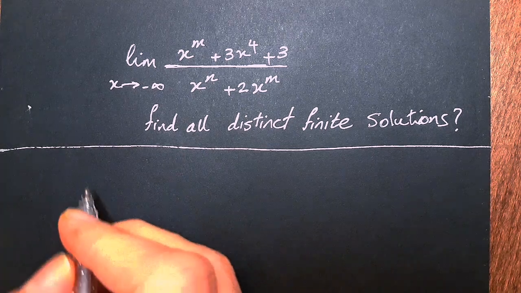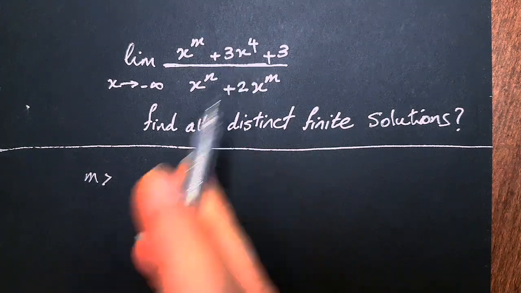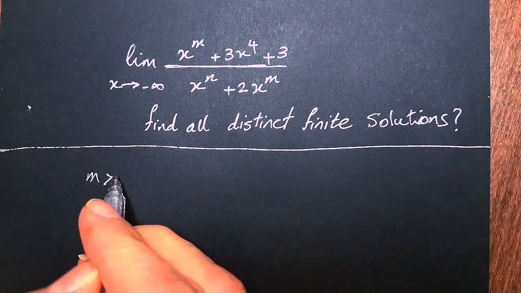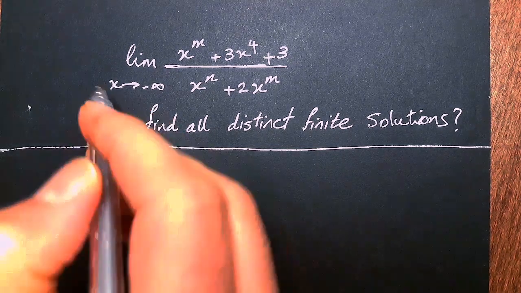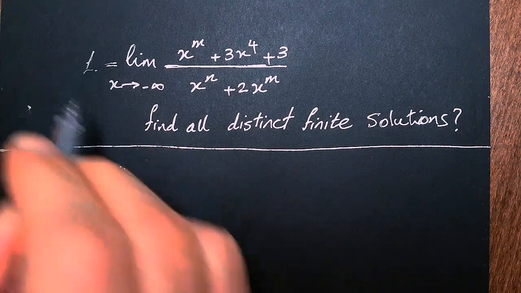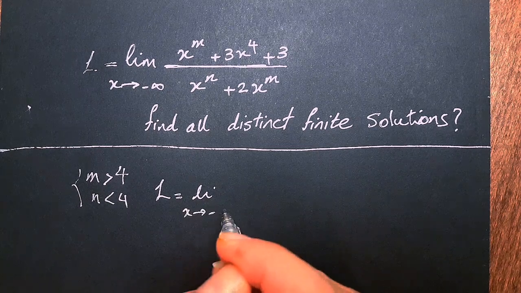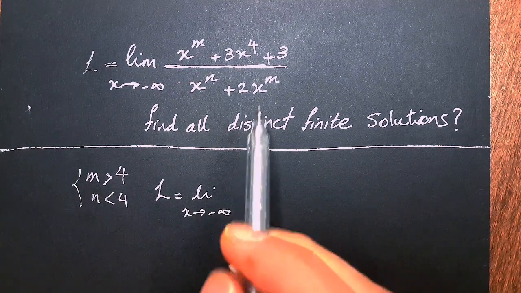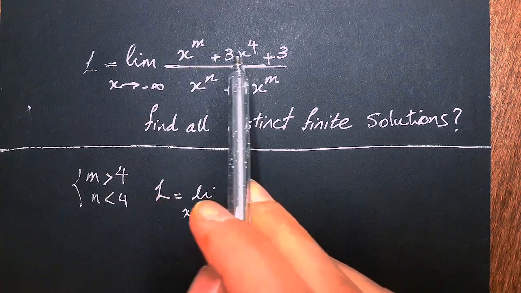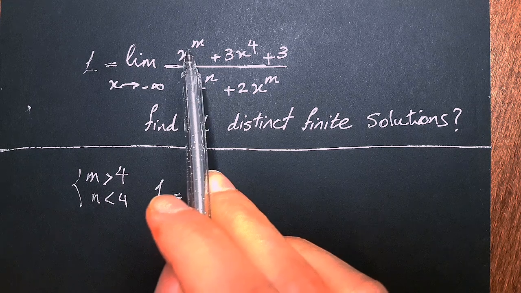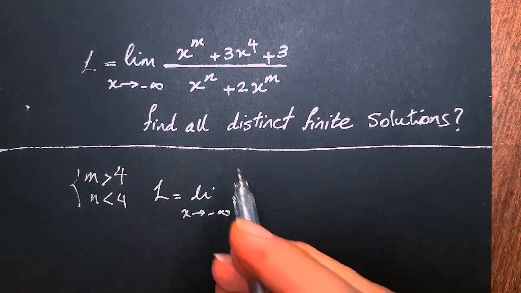So let's assume that m is, since we have a power of 4, let's assume that m is more than 4 and n is less than 4. Then if we call this limit L, then L becomes the limit, when x goes to minus infinity, of... on the top, when x goes to minus infinity, only the highest degree will matter, basically.